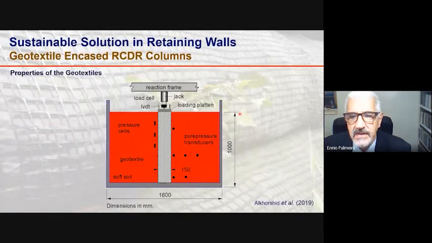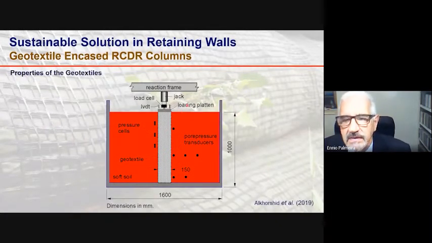So a large-scale experiment was conducted to investigate the use of recycled construction and demolition residue as infill material for the geotextile encased column. So we have here the column encased by a geotextile. Instrumentation of the subsoil consisted of pressure cells and also pore pressure transducers.